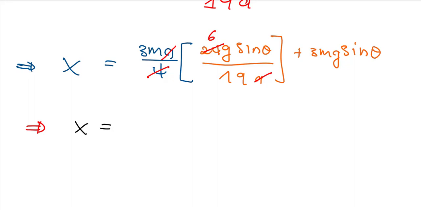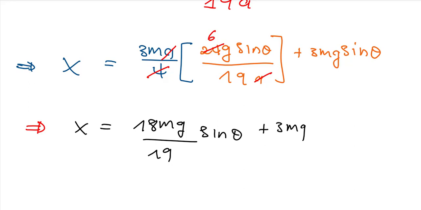So we have 18mg divided by 19 sine theta plus 3mg sine theta. So that's what we have.